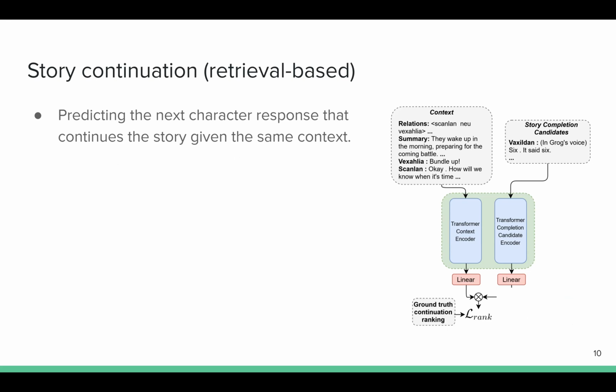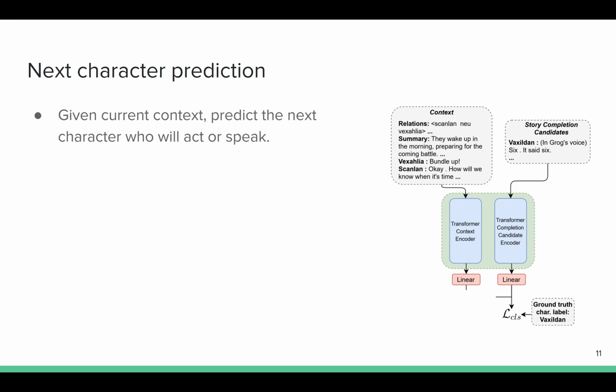All candidates are scored by dot product between their vector representations and the context representation. The model is trained using a ranking loss. For the next character prediction, we use the same vector representation for the context to predict the correct character from the list of all possible characters. It is pretty straightforward.